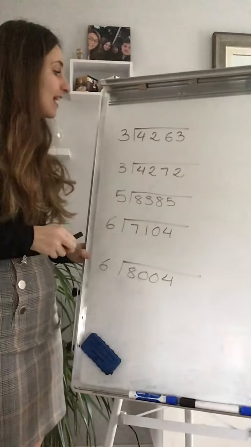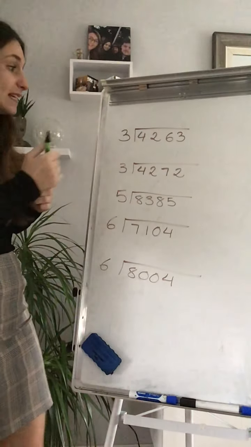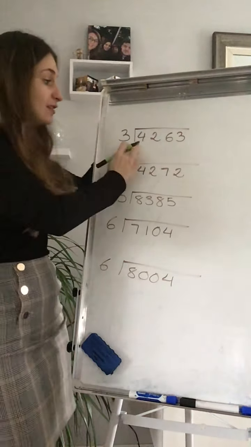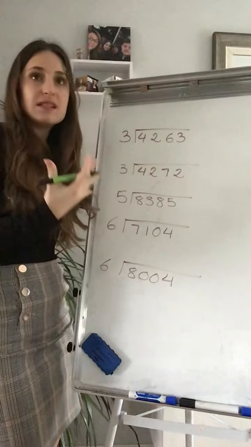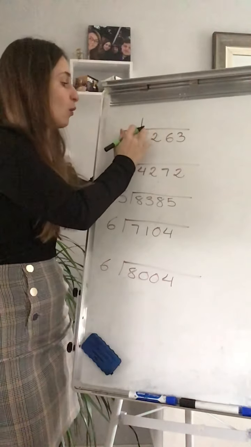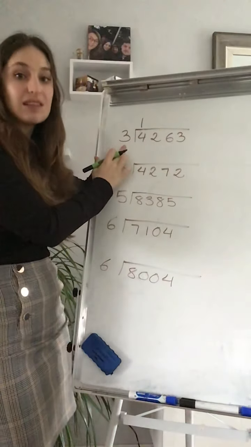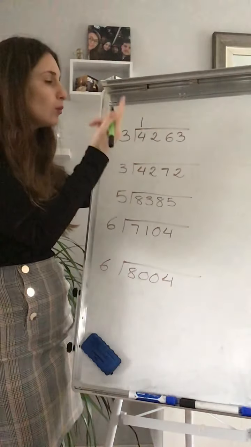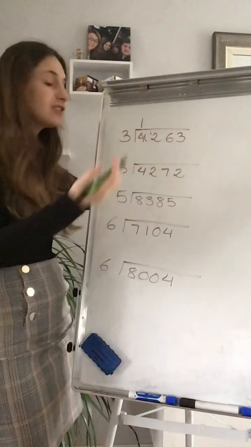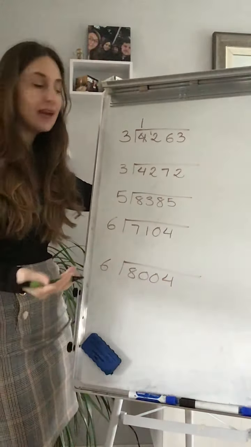Get your pen. Let's start with the first one, which is 4 divided by 3. 4 is not on my 3 timetable. The closest one is 3, and I get 3 by timing. 1 times 3 is 3. So 4, 1. You can cross it out if it helps you. I have now 12. 12 is on my 3 timetable. 4 times 3 is 12.